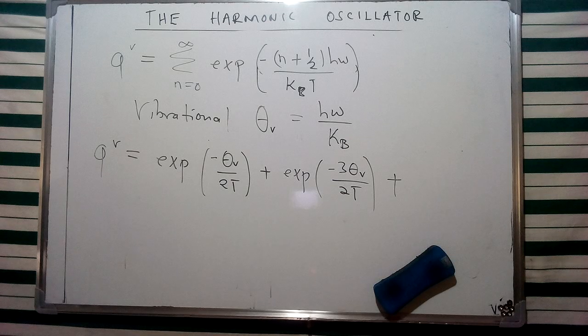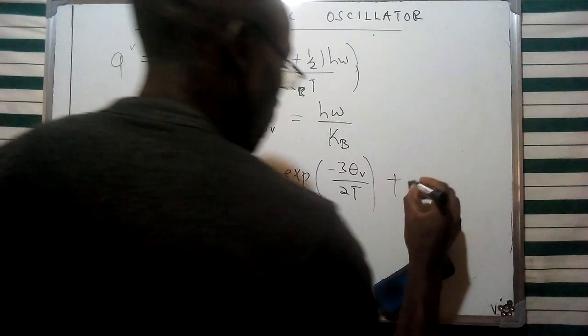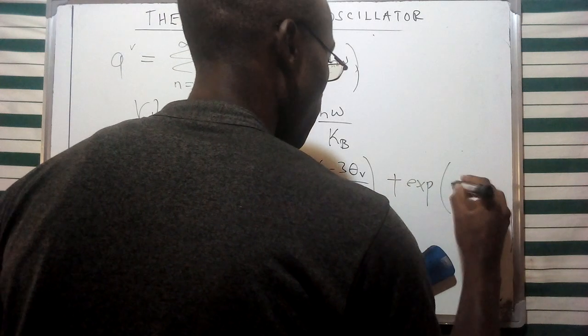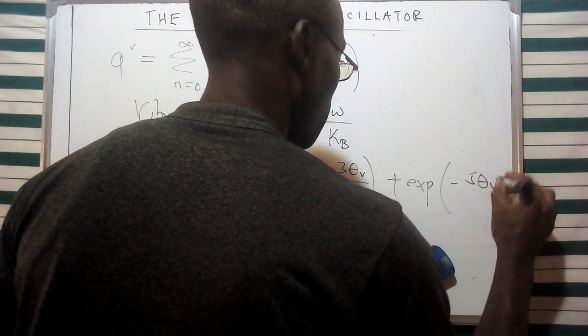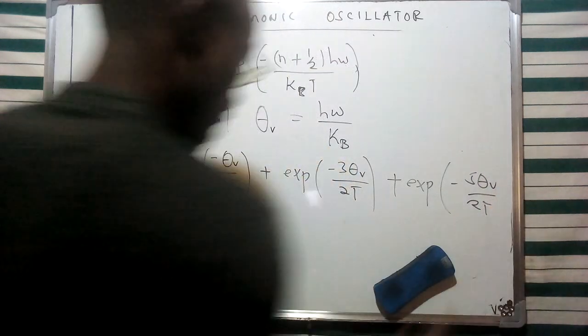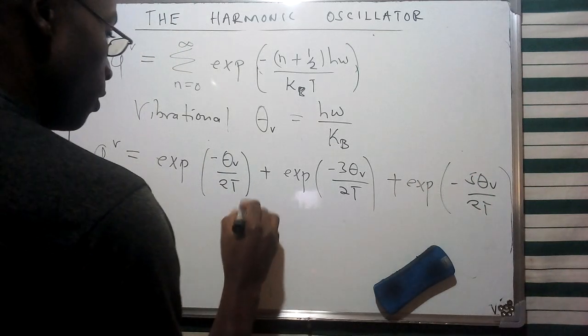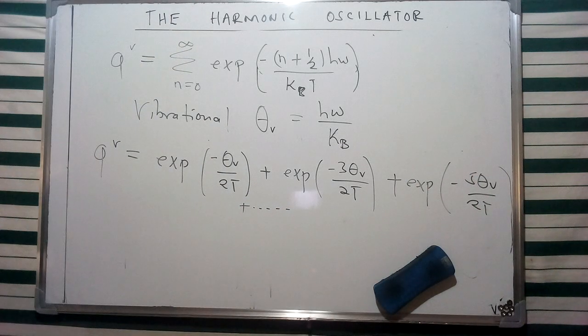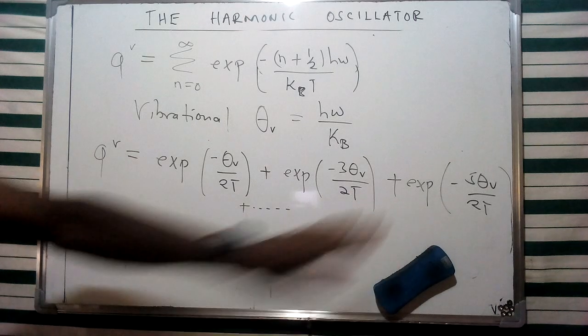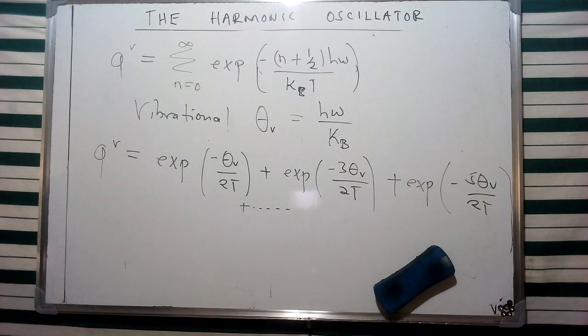The next that is going to follow is the exponent of negative 5 vibrational temperature over 2T. And if we look at this specific representation, this is going to go on up to the last representation for various ranges of those energy levels.